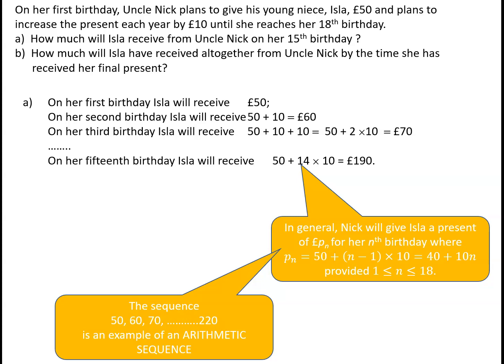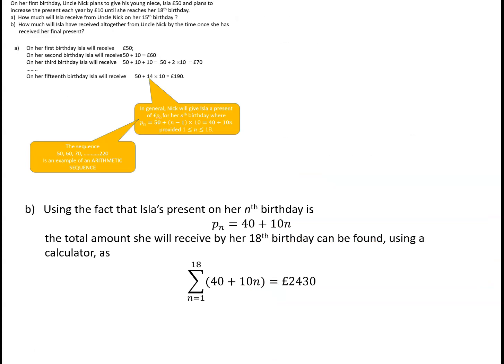We can use the fact that Isla's present on her nth birthday is given by 40 plus 10n, and our knowledge of sigma notation, to calculate how much money she will receive by her 18th birthday.